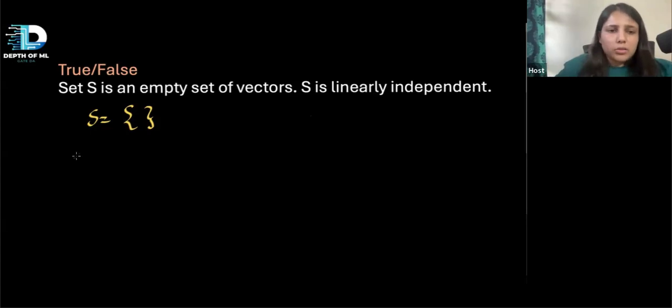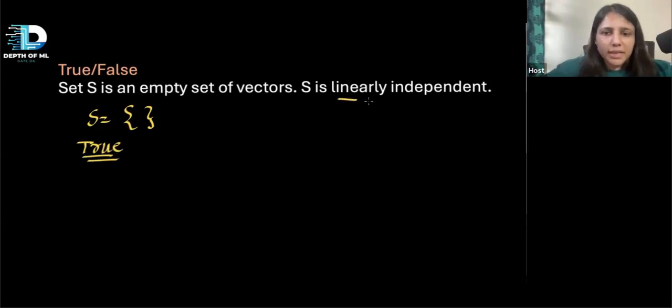Okay, so this is actually true. This is linearly independent. See, there is no vector in this, right? This is an empty set, so there is no vector.